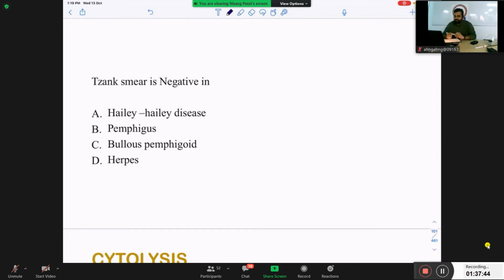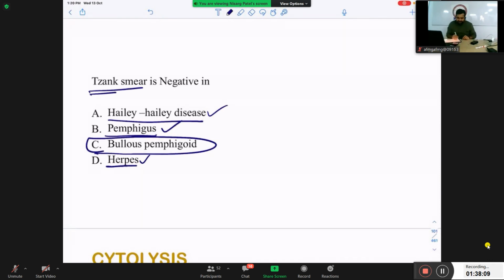In which disease will you see a Tzanck smear, in which there is separation of keratinocytes? In Hailey-Hailey disease there are weak desmosomal connections, so you will see it. In pemphigus there is an antibody against it, so you will see it. In herpes you see secondary acantholysis, but bullous pemphigoid is an antibody against the hemidesmosome, so you will not see a Tzanck smear.